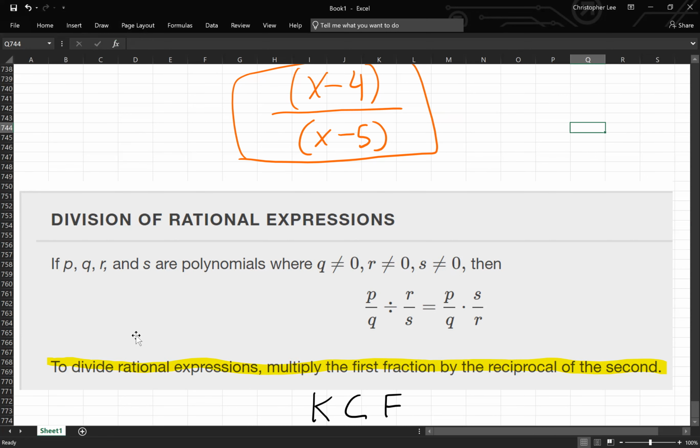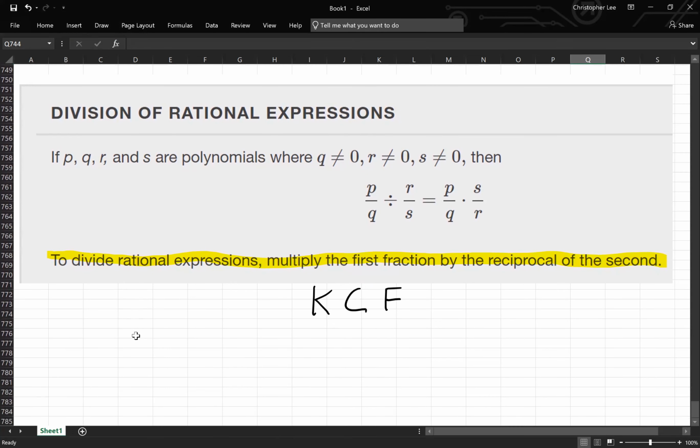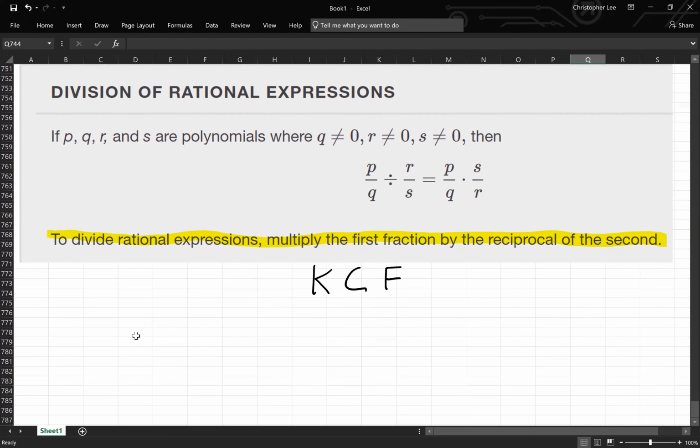When you're doing division of fractions, like a fraction divided by a fraction, that's when you do it. No, you flip it first, then you factor. Change it to multiplication and then do what you know how to do.